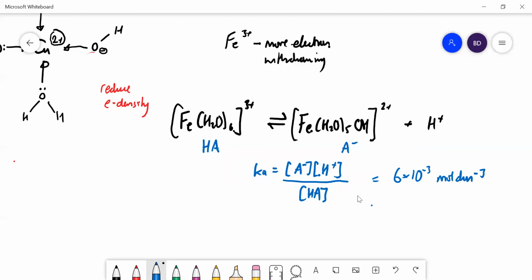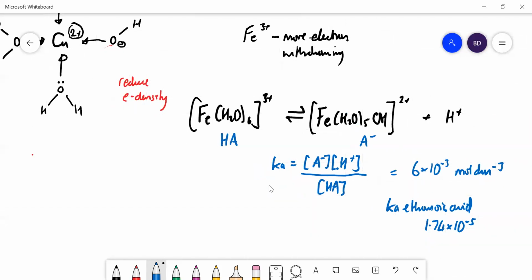If you compare that to the Ka of ethanoic acid, the carboxylic acid, that's 1.74 times 10 to the minus 5. So it's more than 100 times stronger than ethanoic acid. It's considerably acidic, and that goes for all four of the ions here.